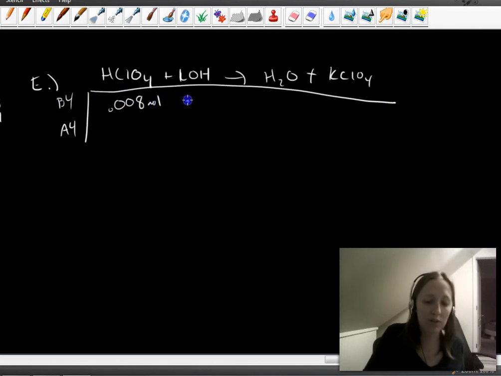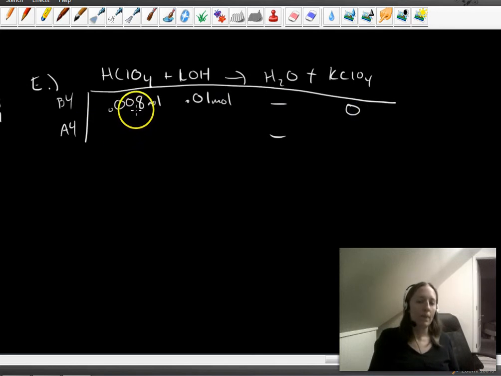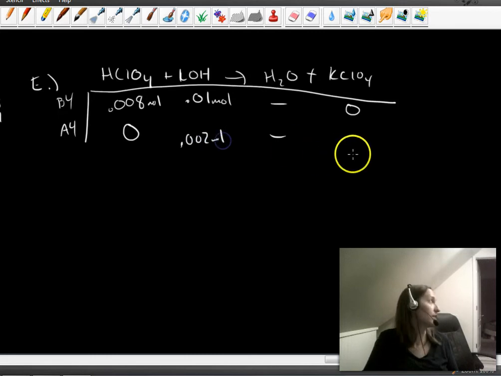When you do the math, this one is 0.01 moles. I'll leave that as an exercise for the reader. Water doesn't matter, 0. After this one is used up, there's none of that left because now there's more base. And so now you have 0.002 moles of base left over and 0.008 moles of salt.